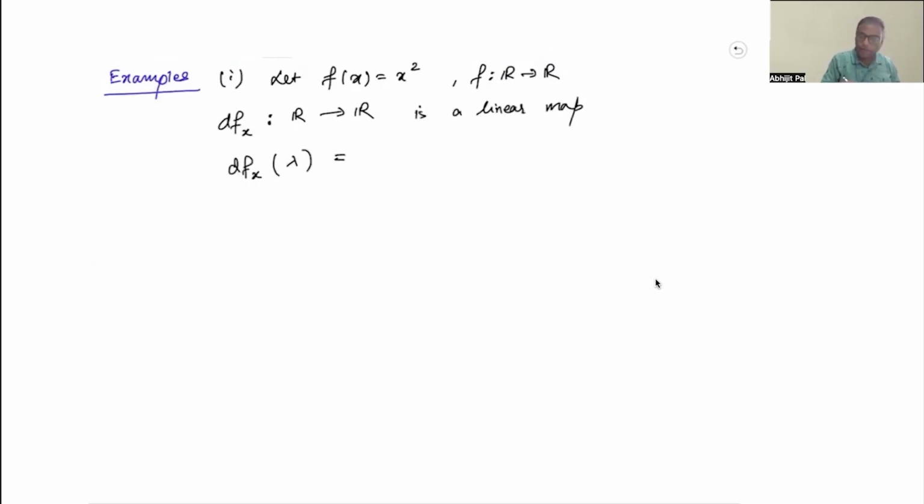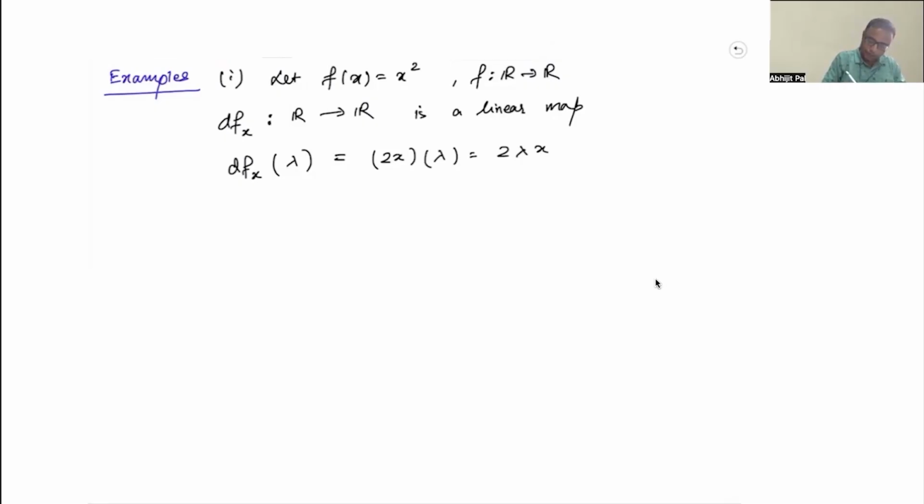The matrix of this map is just a single entry, 2x, multiplied by lambda, so it is just 2 lambda x. So df_x(lambda) is 2 lambda x, and this is a linear map.